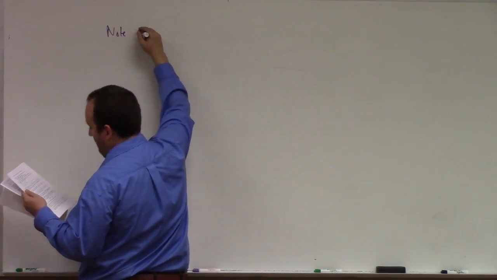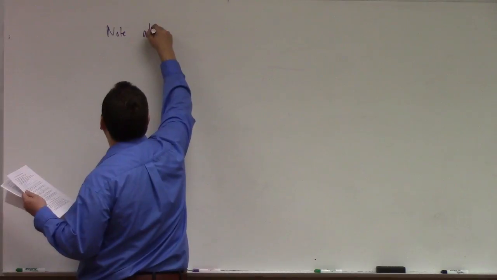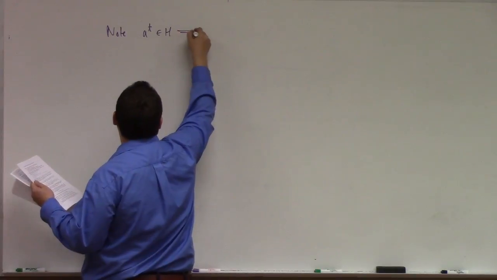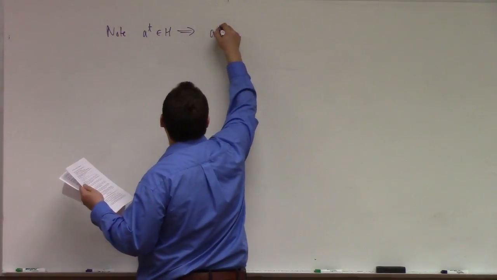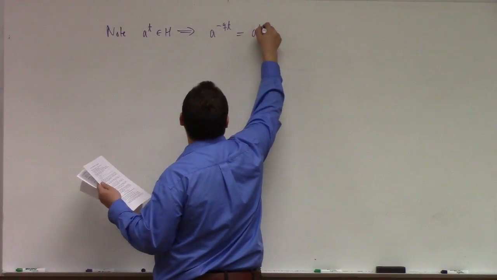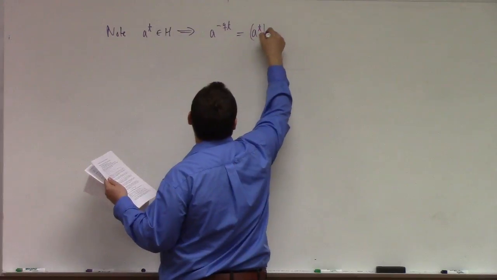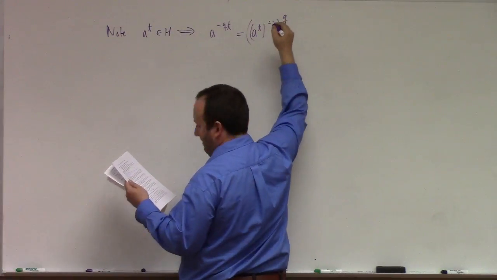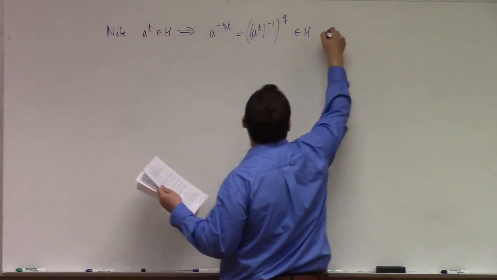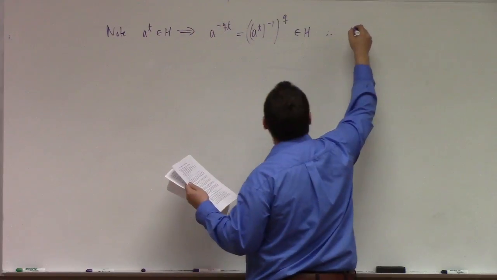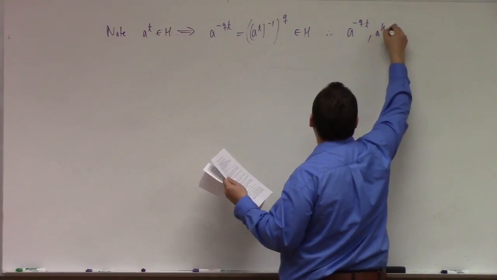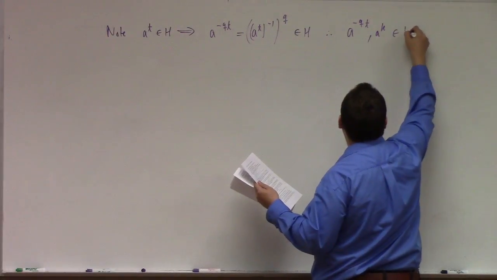So let me read the line leading up to that. So I have A to the T is an element of H, right? That implies that A to the minus QT, which is, by the way, A to the T inverse raised to the Q power, is an element of H. Thus, A to the minus QT and also A to the K are elements of H, right?